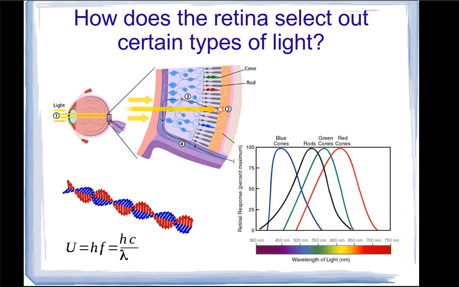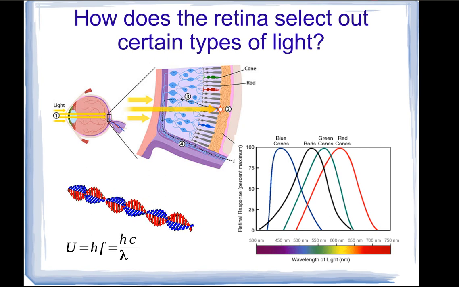If you plug in 450 nanometers for a wavelength, you'd get an energy, and that energy represents the indivisible amount of energy that blue light can convey. And blue cones are somehow, through the chemistry and biology, constructed so that they only react to the amount of energy associated with blue light, this smallest indivisible amount that blue light can exchange.